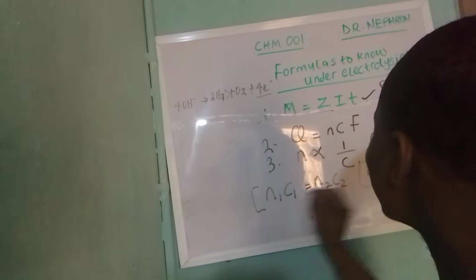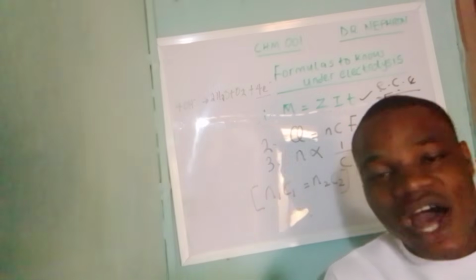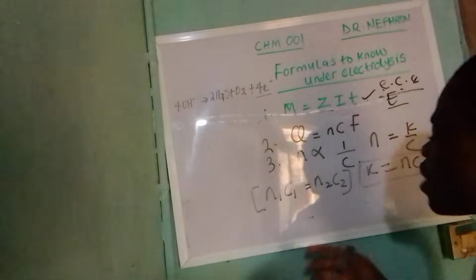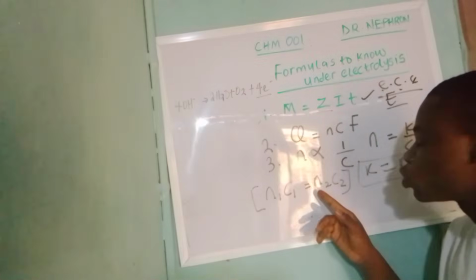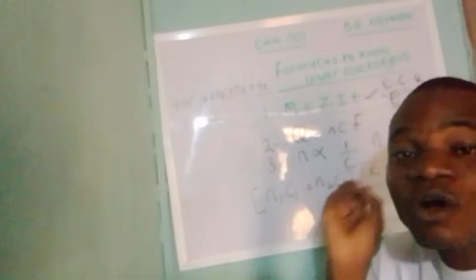Do not forget that it's like a gas law. Under gas law we have Boyle's law, P1 V1 equal to P2 V2, and we also have N1 C1 equal to N2 C2. Where do we derive this formula from? Via this second law of electrolysis.